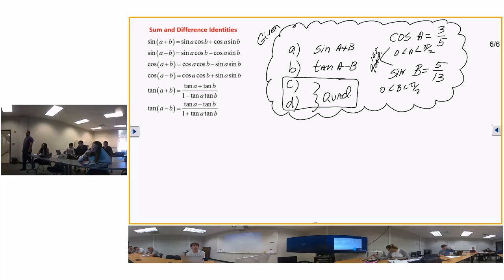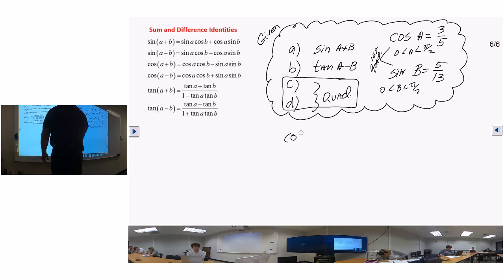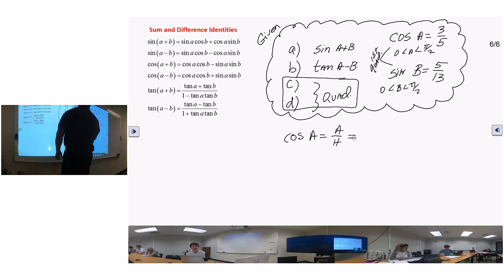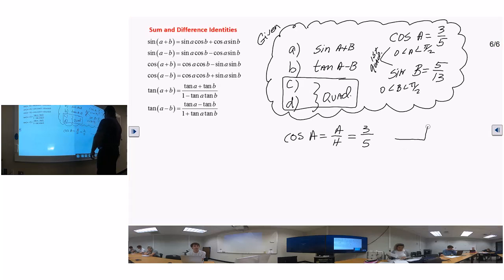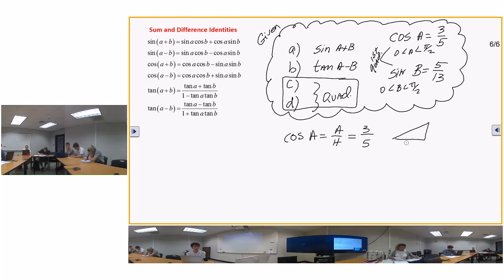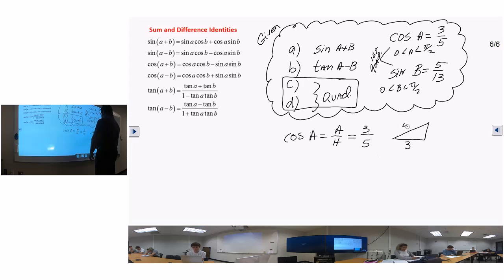Let's see, the cosine of A is equal to adjacent over hypotenuse, and that's equal to 3 over what? 5. So that means we got a triangle with an adjacent of what? 3, and a hypotenuse of what?